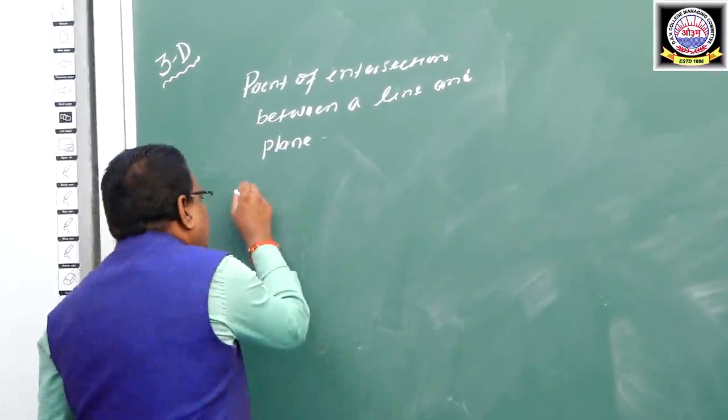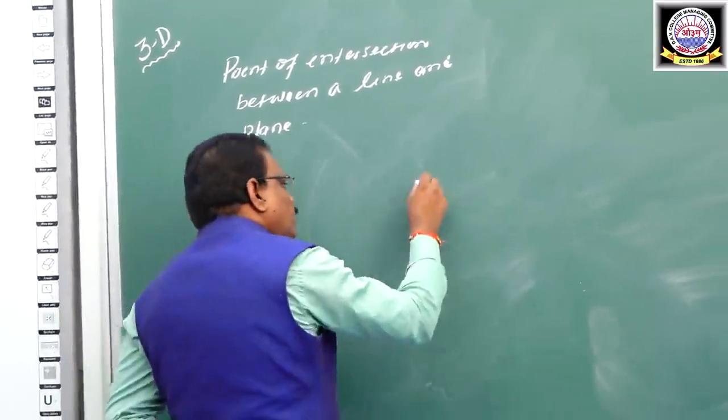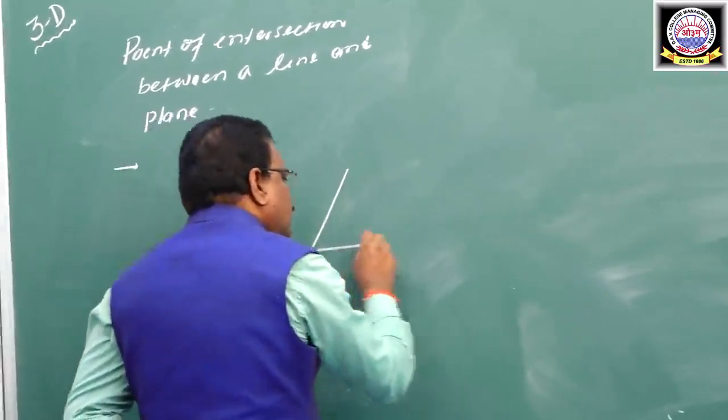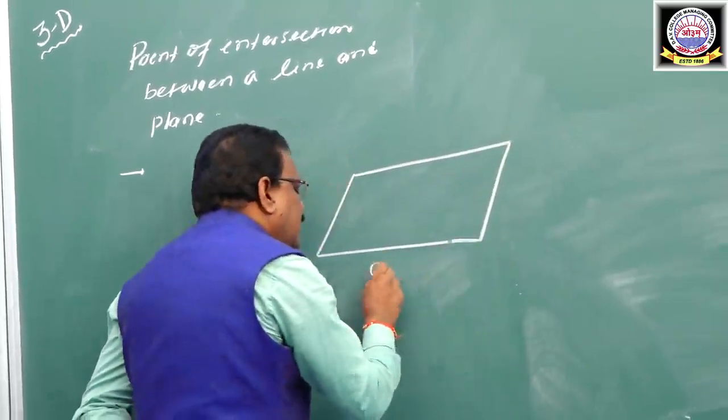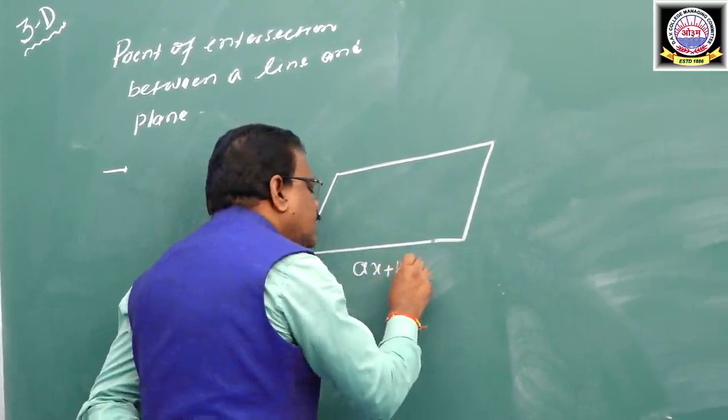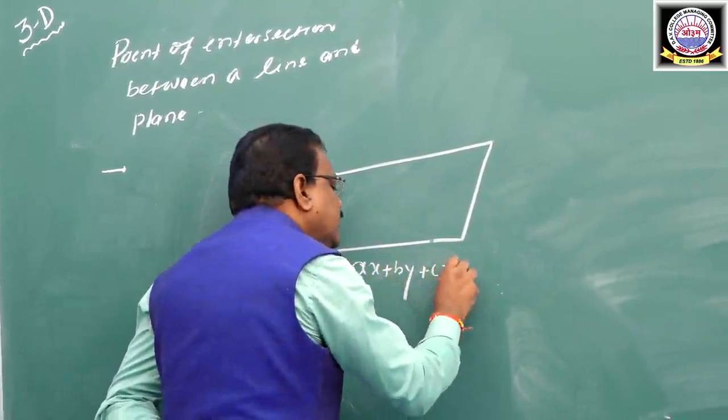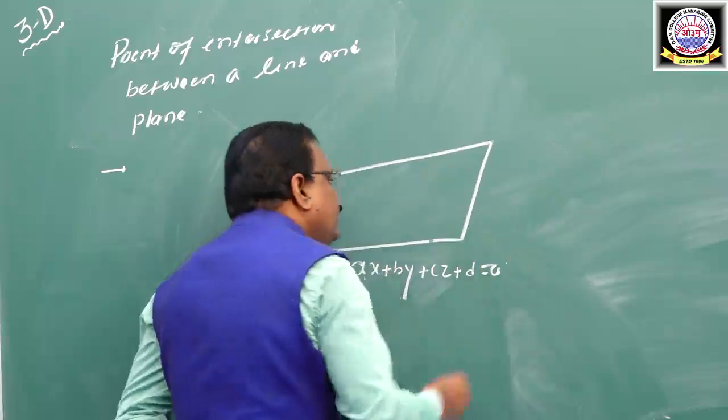So let us take one line and a figure suppose like this. I am just telling the steps. Let the equation of the plane be ax plus by plus cz plus d is equal to 0.